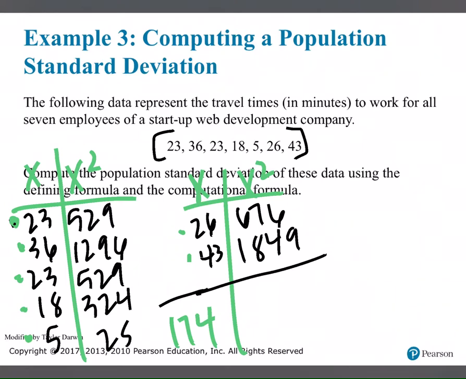X squared, we're going to add next. All right, so 529, 1,926, right? Add them all together. If I add them all together, I'll get 5,226. Write that down if you don't have it, because I'm about to erase this so I have more room.